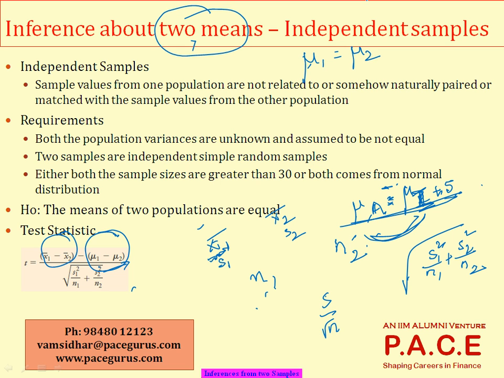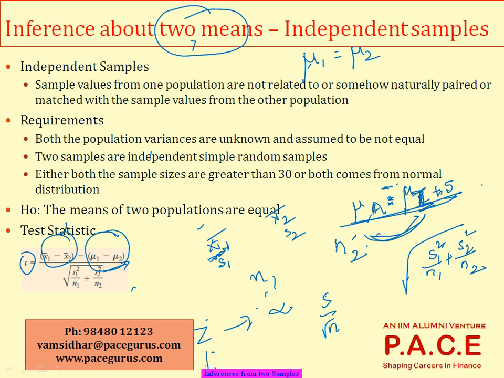For this t statistic, I also need to know the degrees of freedom. If I want to find the critical value for z, all I need is the level of significance, alpha.